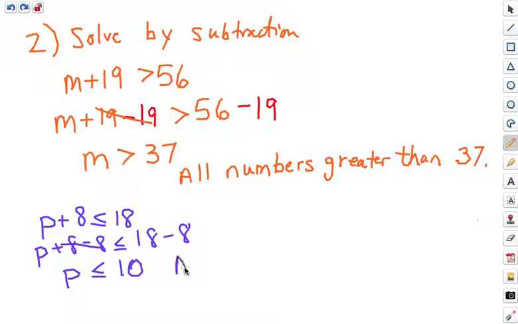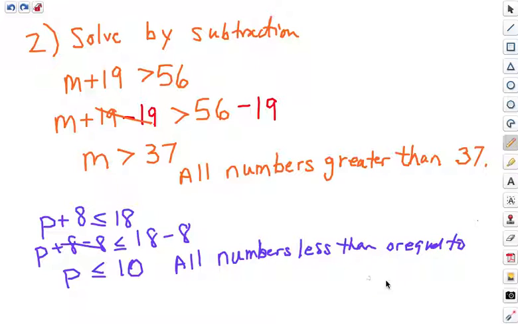Just writing it out in a sentence here, we have all numbers less than or equal to 10.